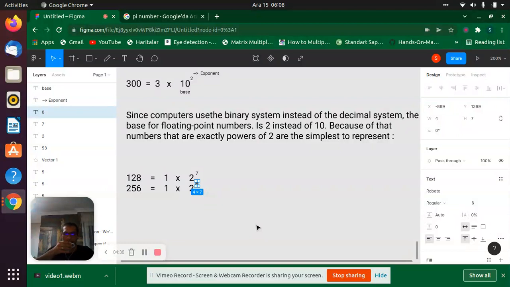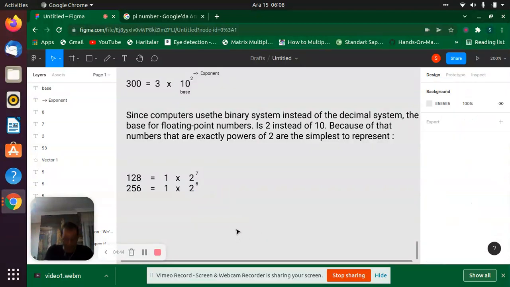In the computer we're doing the same thing, one time this thing and so on. Anyway, you got it, right? So let's go to another point here.